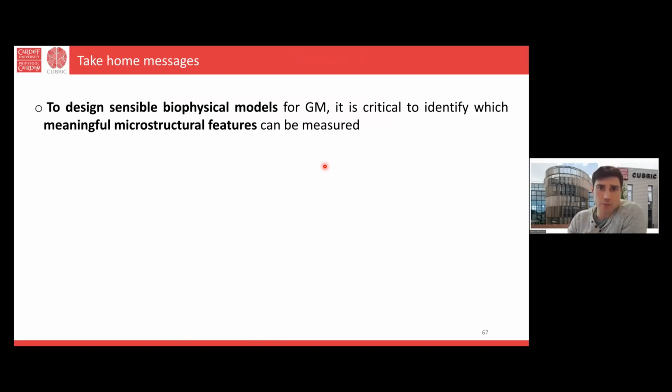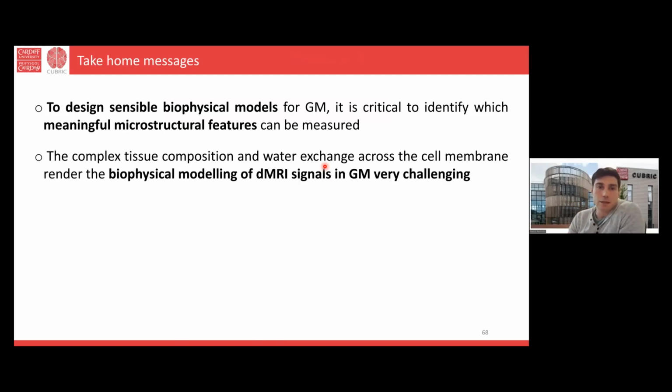The design of sensible biophysical models for gray matter is critical. It's critical to know what the meaningful microstructural features are that we can measure, and that the complex tissue composition and water exchange across the cell membrane seem to be extremely important in gray matter, and we should account for that in the modeling.